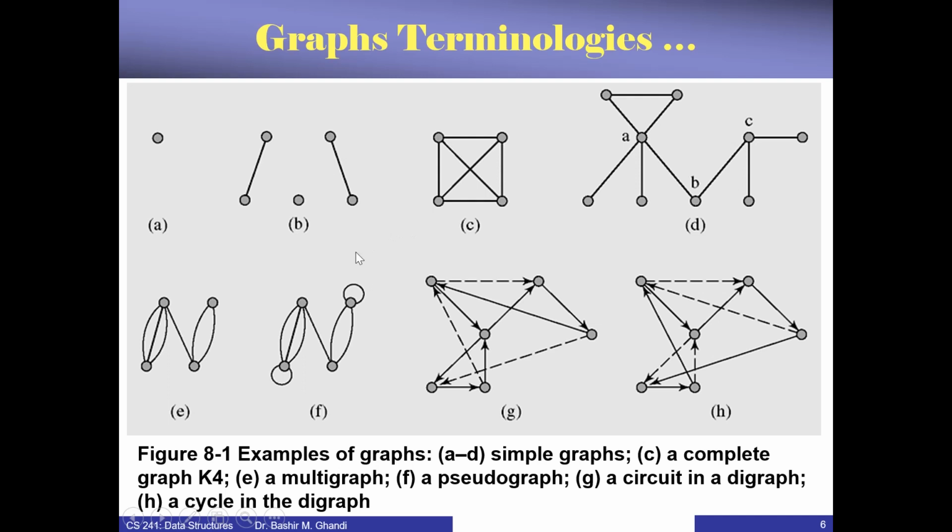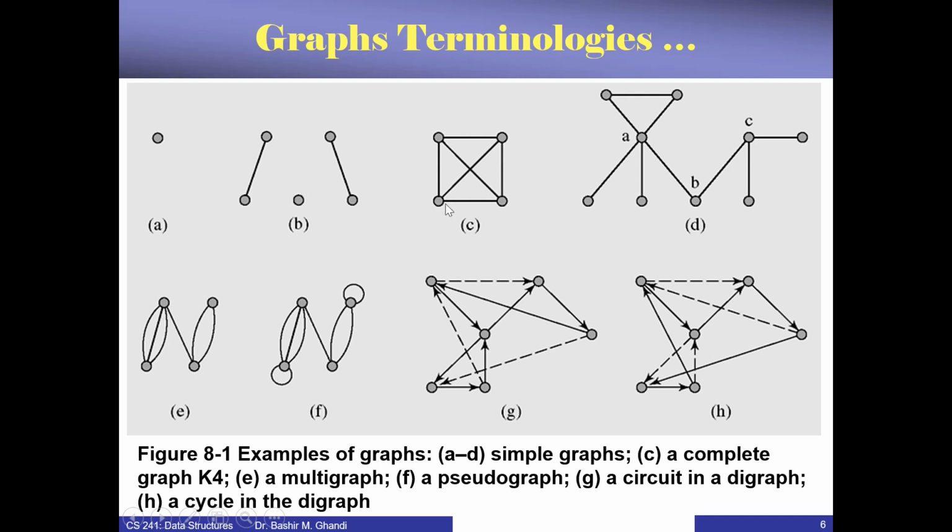Let's start from the last example. This vertex, as you can see, is isolated because no edge is coming to it. Its degree is 0, so it's considered to be isolated.